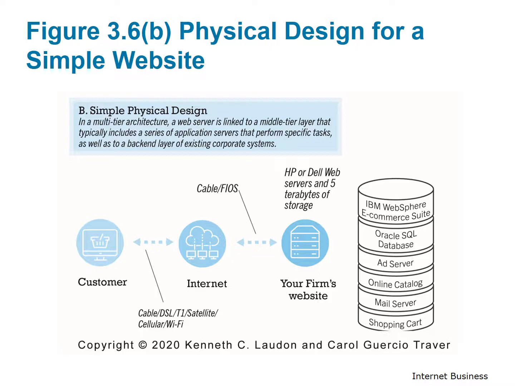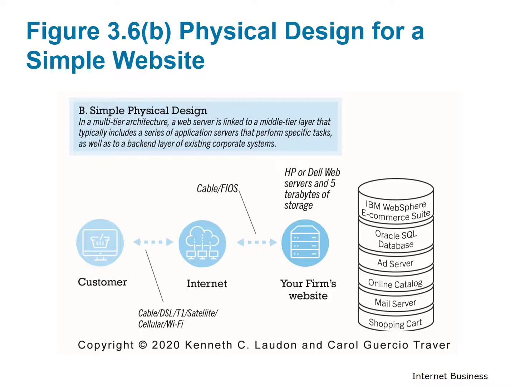The image of the simple physical design shows the following. Customers connect from a mobile phone, smartphone, or desktop to the internet through cable, DSL, T1, satellite, cellular, or Wi-Fi.